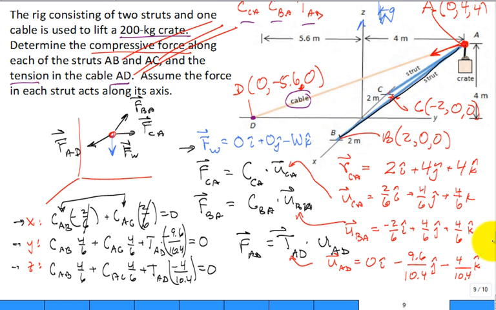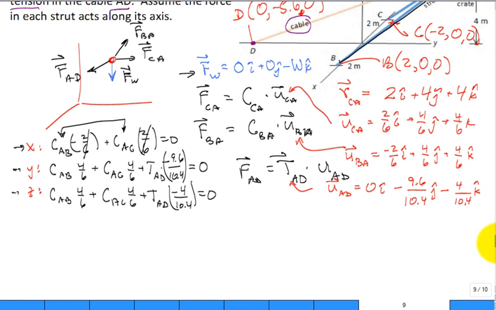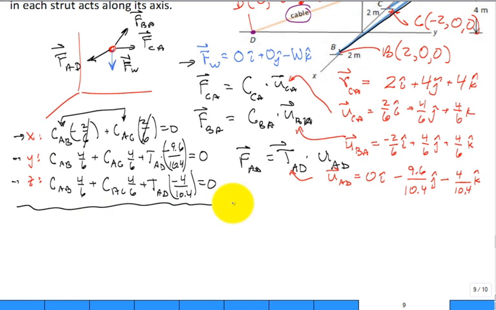Now I have 3 equations and 3 unknowns. At this point, we just need to be able to solve for the 3 unknowns.